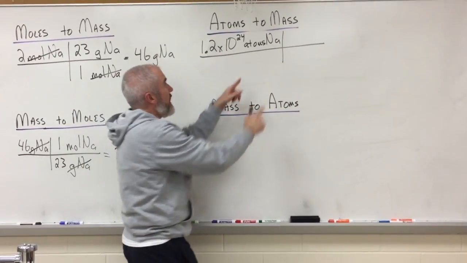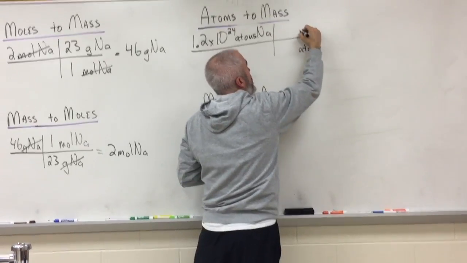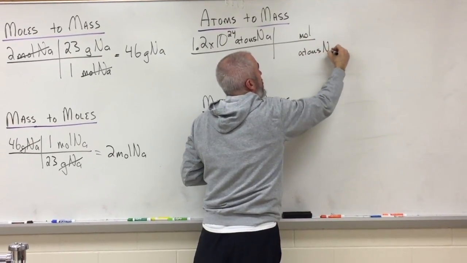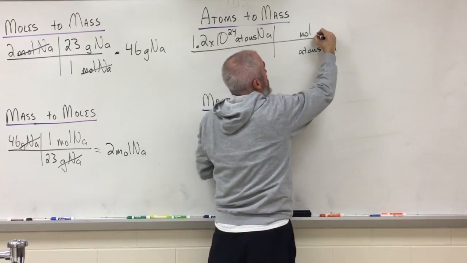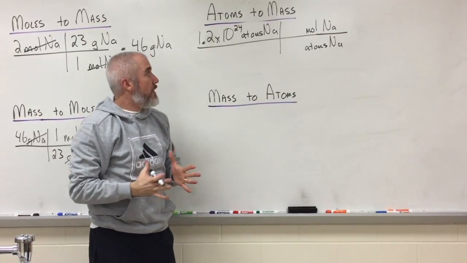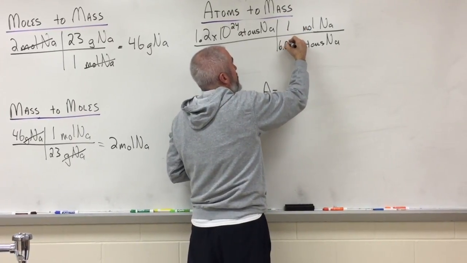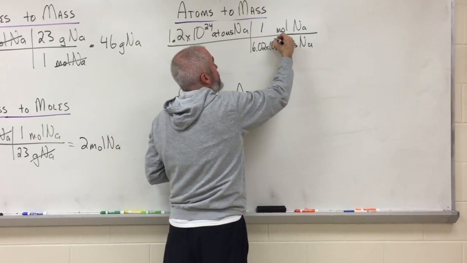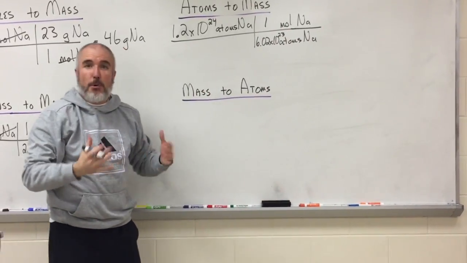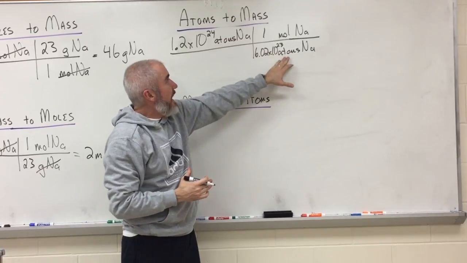Well, what we have to do, we have to take atoms to our handy counting unit, moles. So I transfer my units down, and I'm going to transfer that into moles. I can do that conversion. 1 mole of anything is 6.02 times 10 to the 23rd things. Atoms, particles, molecules, ions, anything. In this case, it's atoms.